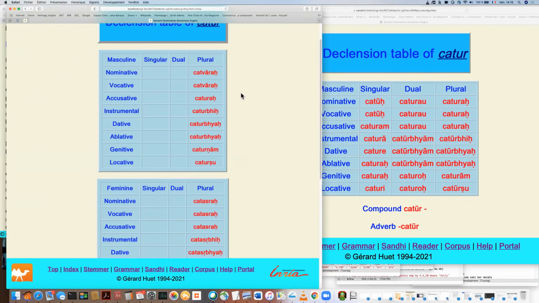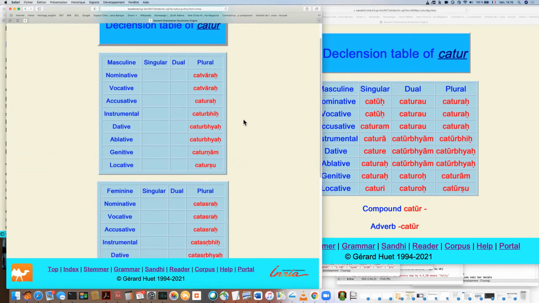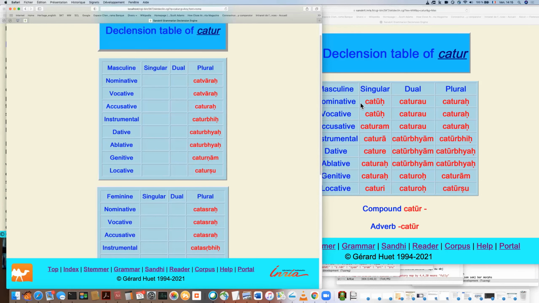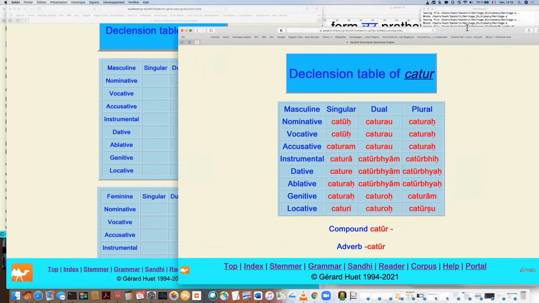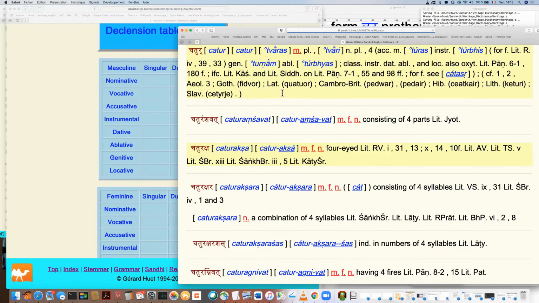And furthermore, the nominative plural here says Chatura, and it's not, it's Chatwara. Okay, so this shows that the Monier-Williams dictionary is not completely well adapted to our grammatical tools.